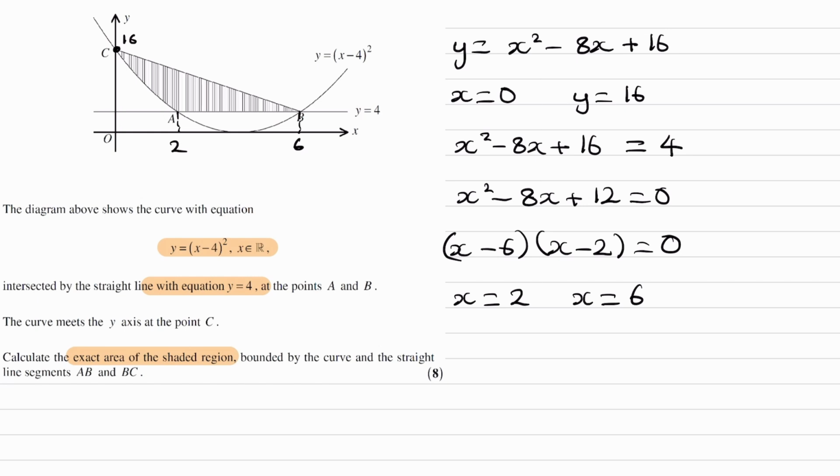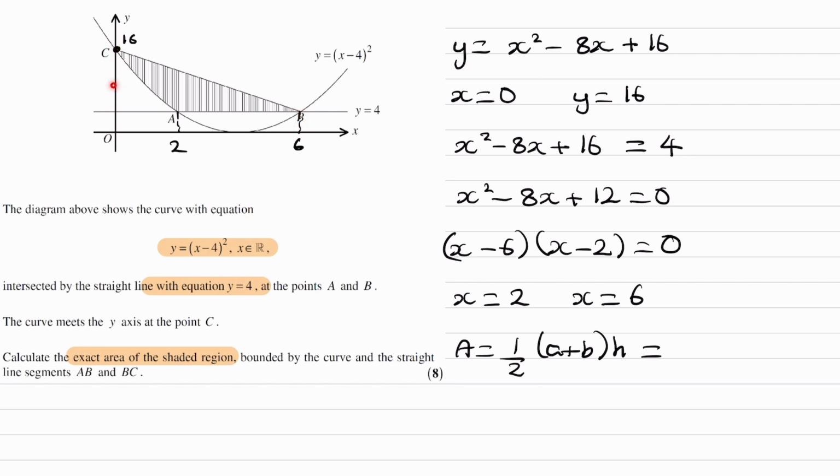Okay, so the next thing to do is to work out the area of this trapezium. So starting at the origin, going up to point C, down to point B, down to the x-axis, and then across back to the origin. So that whole trapezium. Area of a trapezium is equal to a half (a plus b) times h. So the a and the b in this case would be these two lengths, this one and this one.